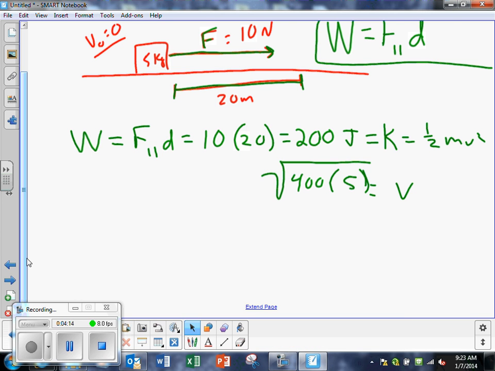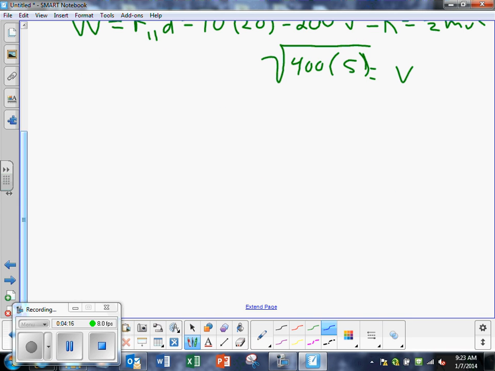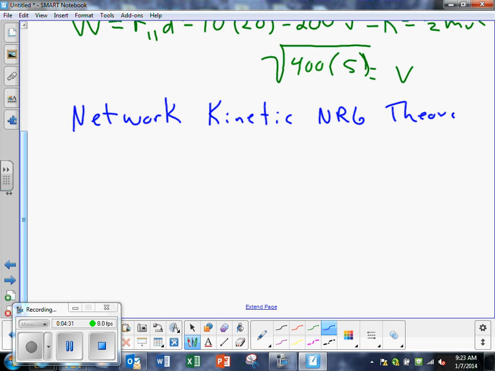Well, this whole idea here is coined the net work kinetic energy theorem. Okay, now I have seen it called just the work kinetic energy theorem with the net being implied.